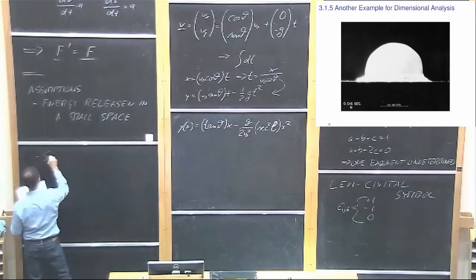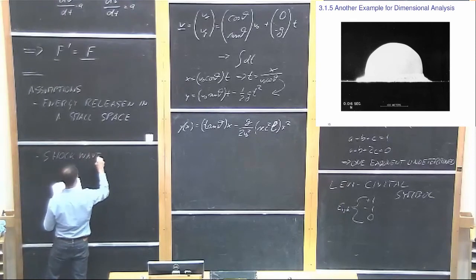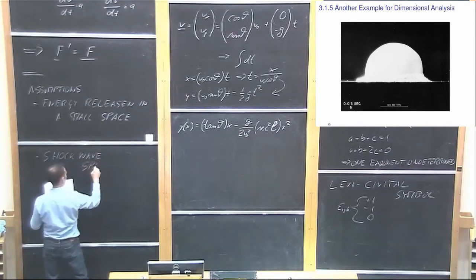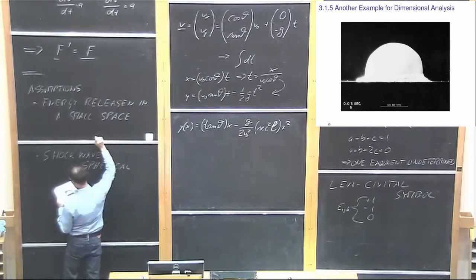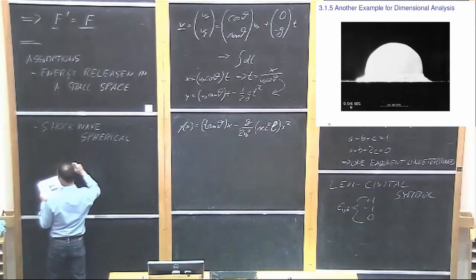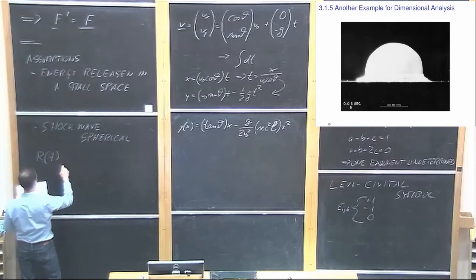The shock wave is spherical. You can see that. That's probably quite a good assumption. And then you have the radius as a function of time, which is what we're interested in.